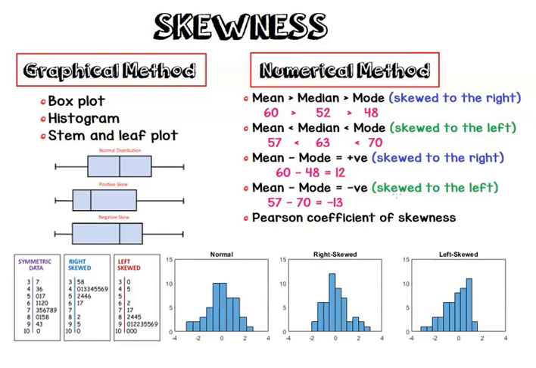For the method using Pearson coefficient of skewness, it is also the same. If you calculate the coefficient and get positive, it is skewed to the right, or otherwise, if we get negative, it is skewed to the left.